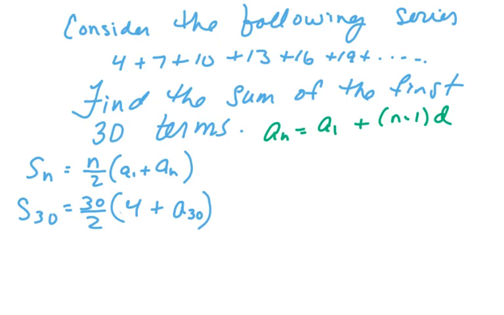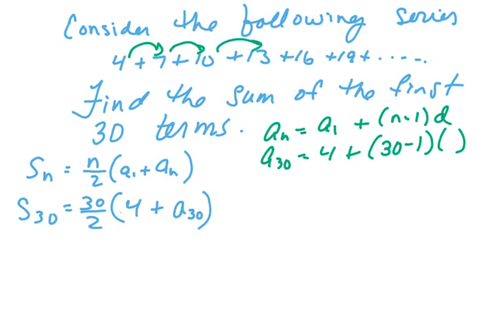A sub 1 is 4, 30 minus 1, and then our common difference, if we look at the difference of each subsequent number, it's a positive 3. So a sub 30 is equal to 4 plus 29 times 3, which is 87. And so a sub 30 is equal to 91.